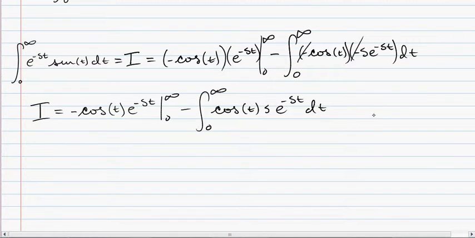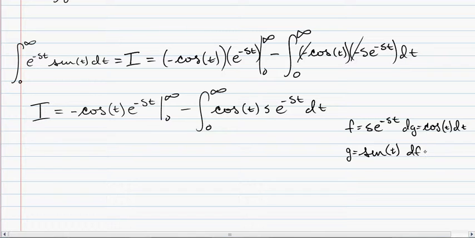And again, do another integration by parts with f equal to s e to the negative st, dg is equal to cosine of t dt, G is equal to sine of t, and df equal to negative s squared e to the negative st dt.